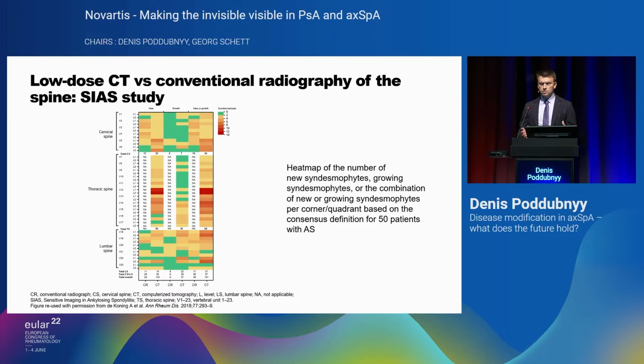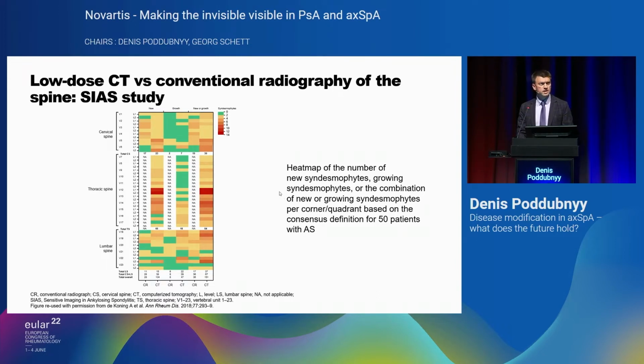For the spine, we will probably also utilize more and more CT, and especially low-dose CT. Here you see an example of the so-called CT-based score for the assessment of structural damage in the spine. And what you see here, if we ignore the thoracic spine, for example, as we do with the mSASSS score, we're missing a lot of structural damage.